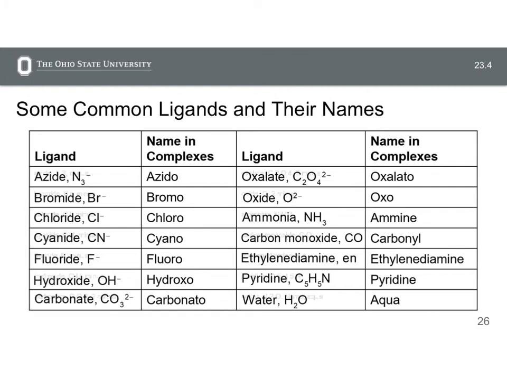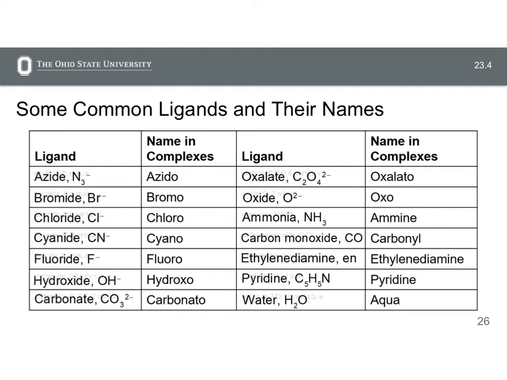There's a table in your textbook, with some shading there on the table, of different ligands that you find commonly bound to metal ions, and their names and how they would be used in the name of that complex.